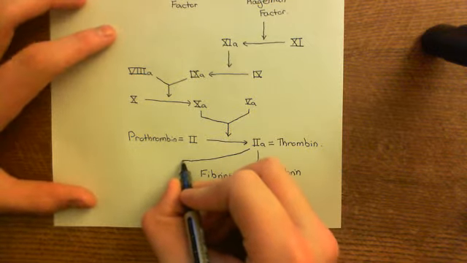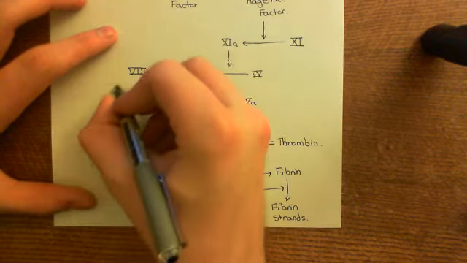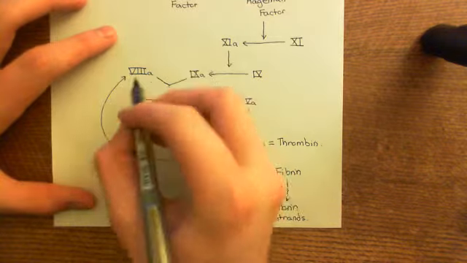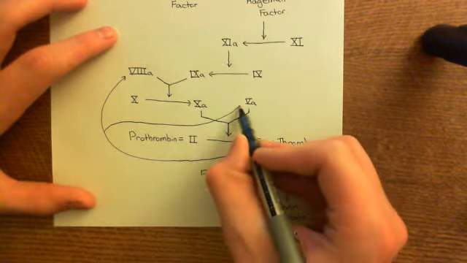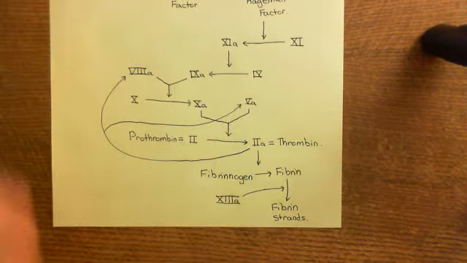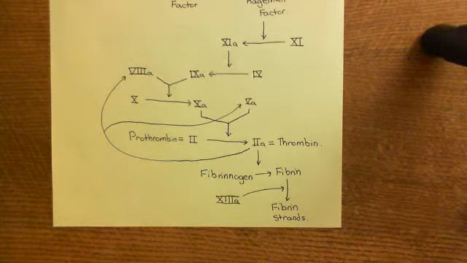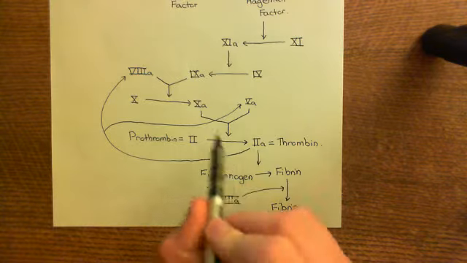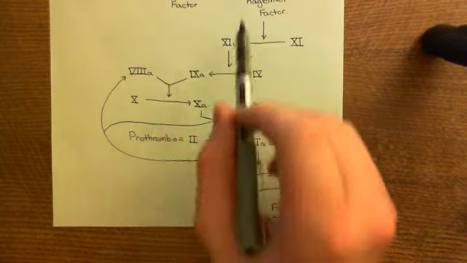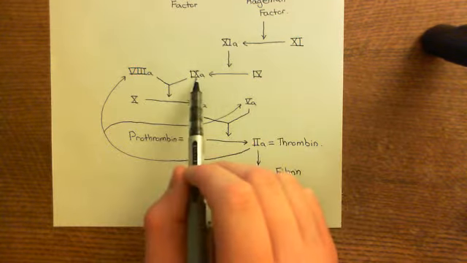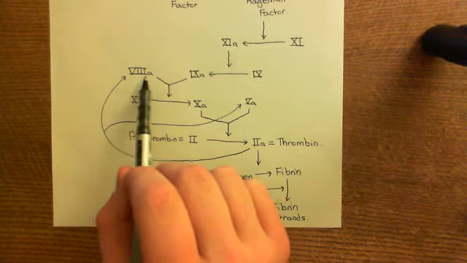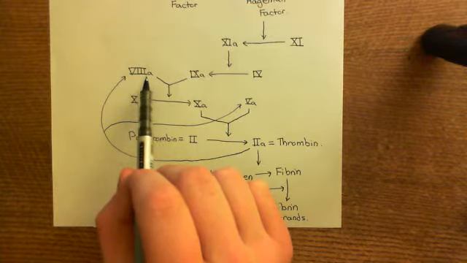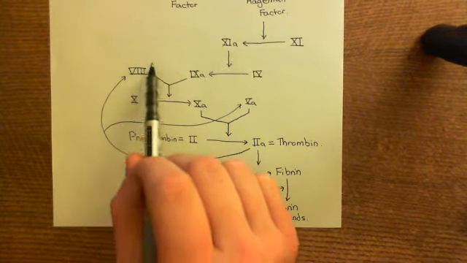So it's going to lead to the production of factor 8A and also factor 5A. When you activate this cascade and you get factor 9A, there will be a little bit of factor 8A initially in the blood. So it's not like there's absolutely none of this.